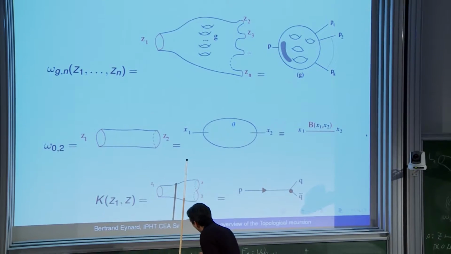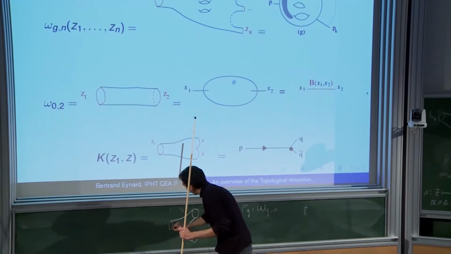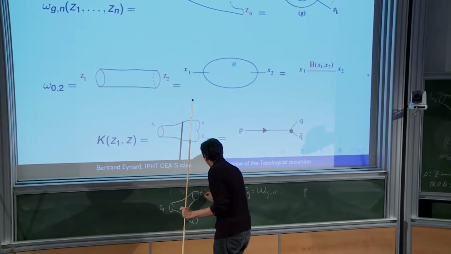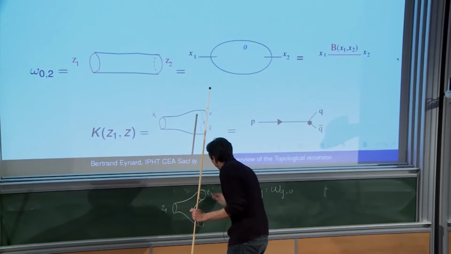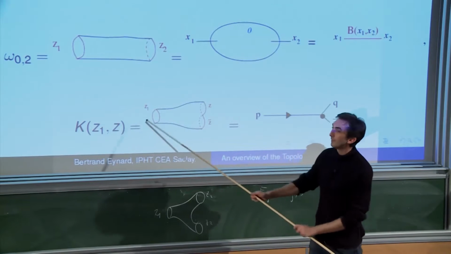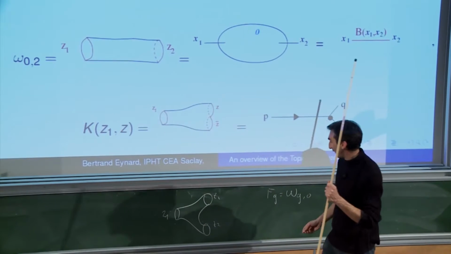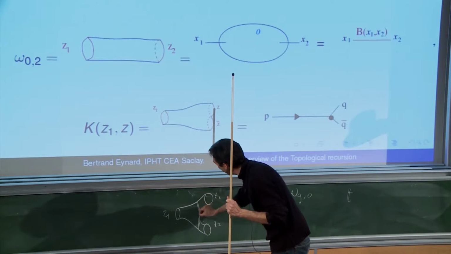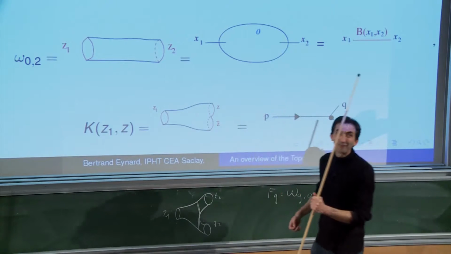It would have three independent variables, z1, z2, z3. But K has only two independent variables. And it corresponds to saying that it's a pair of points, but where you have removed the legs.